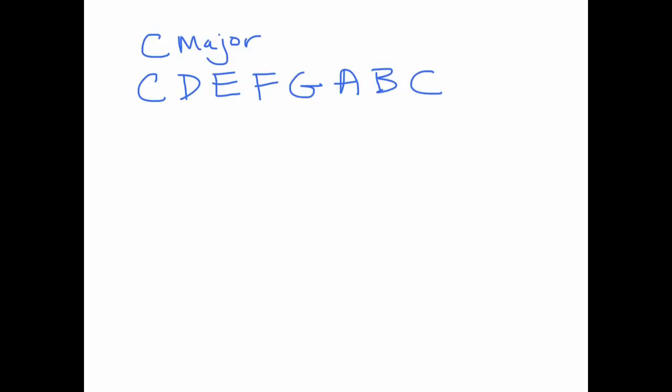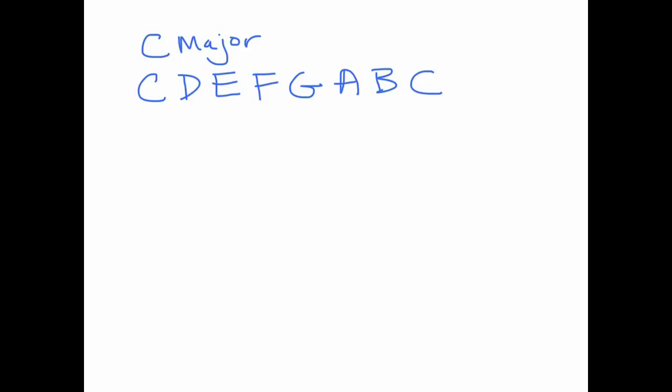Now, step 2 is finding the relative minor of the key of C major. A minor scale actually uses the exact same notes as its relative major scale. But what the minor scale does is start on a different note from the note C. So we have to figure out what that note is going to be.